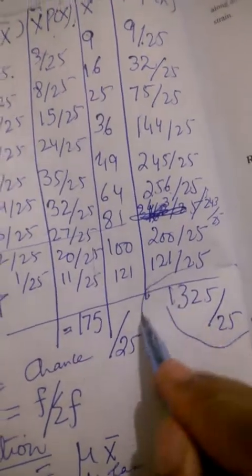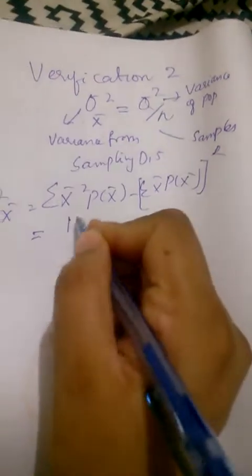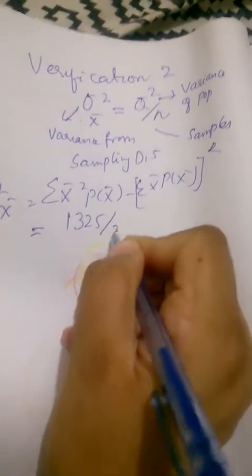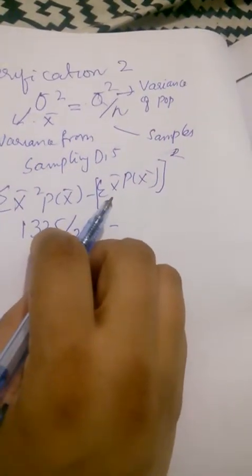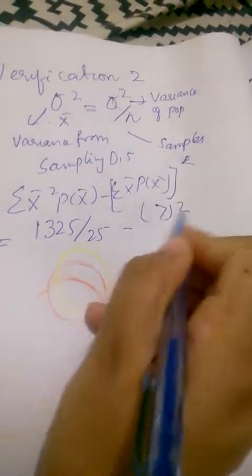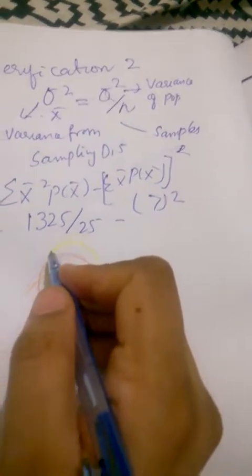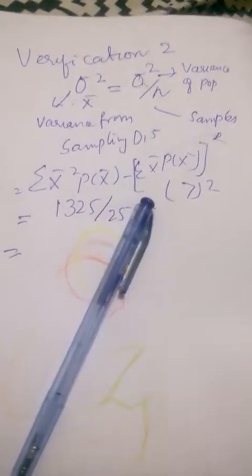You need this sum, 1325 divided by 25. So I am writing it over here, 1325 divided by 25 minus sum x bar into p of x bar. ये हमने पहले ही फाइंड कर दिया है. इसका आंसर 7 है. I am writing it over here, 7 square.